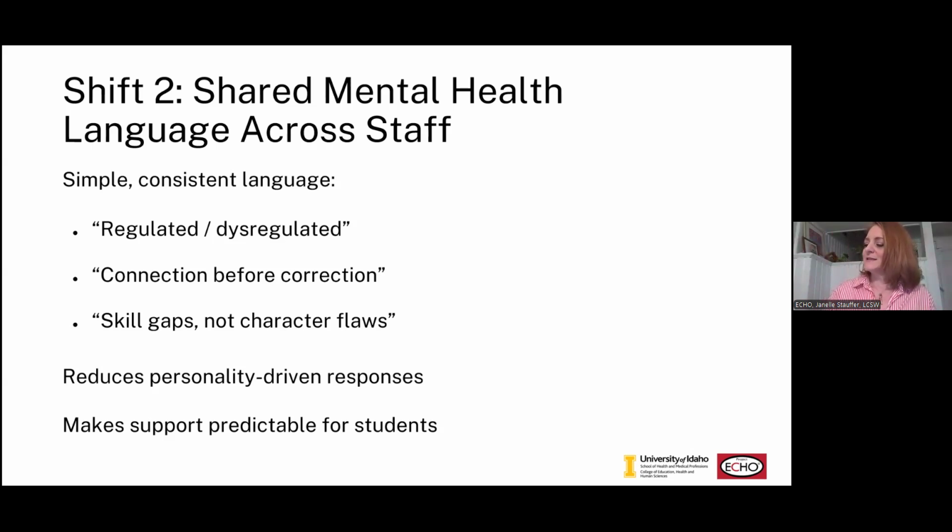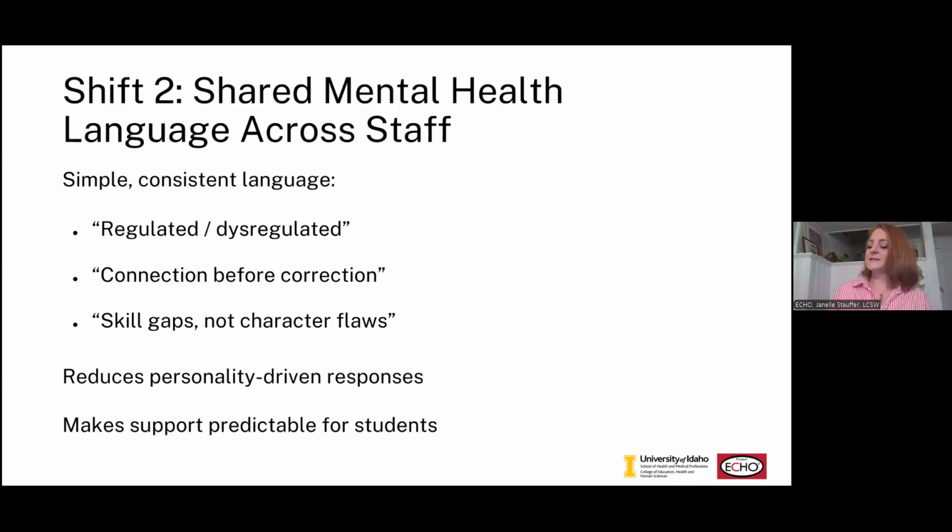It moves from biased language into something easier to digest. And then, of course, connection before correction, replacing immediate discipline within school systems with first safety and connection and quiet check-ins to support the nervous system.